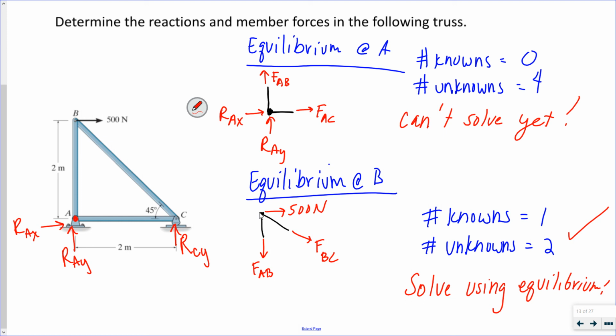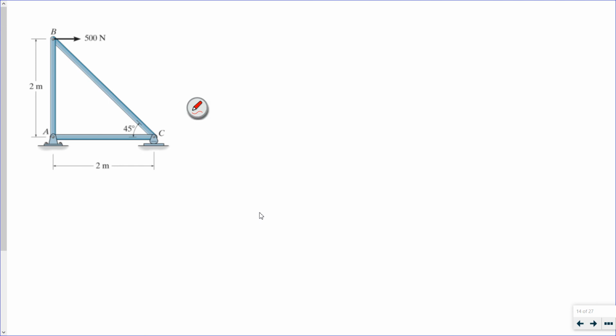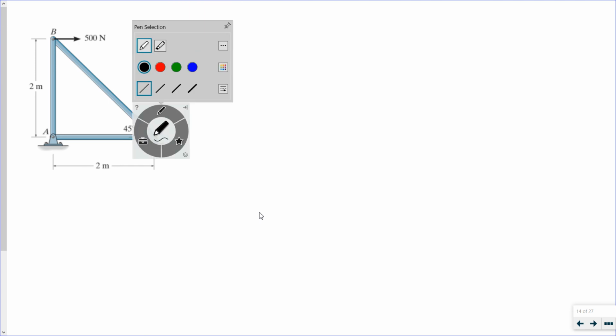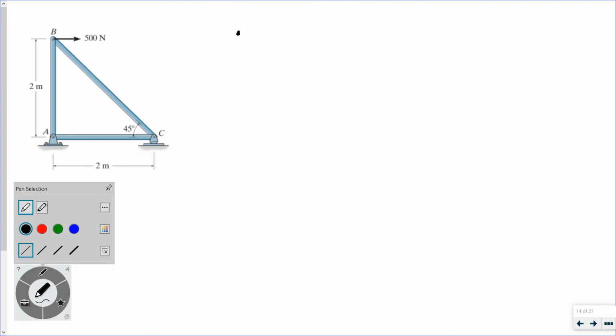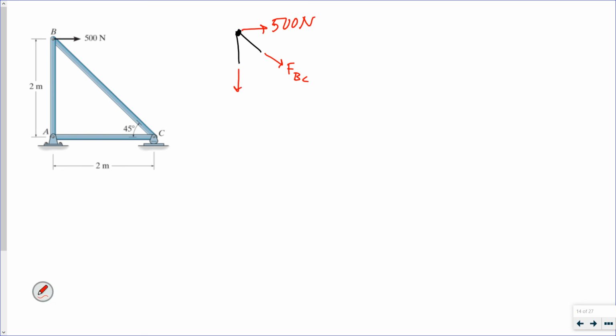So, gonna redraw that. I have equilibrium at B. My force in member BC, my force in member AB.